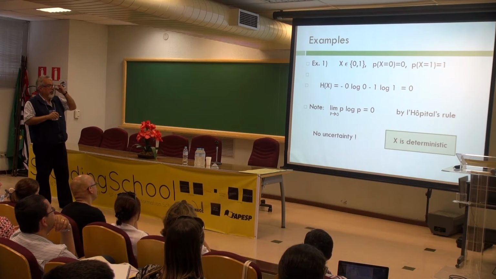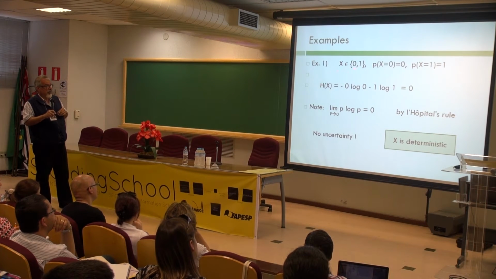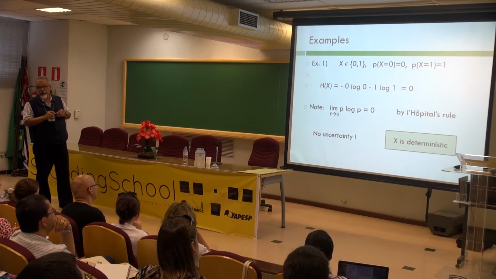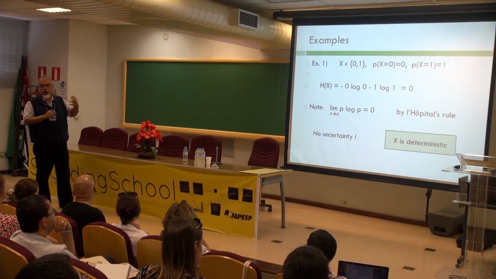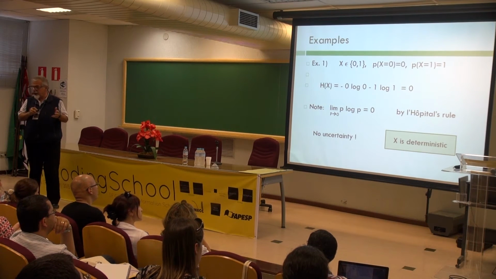Some examples. Let's take a random variable that is binary, okay? And it's actually not binary, it's unary, because it's 0 with probability 0 and 1 with probability 1. So imagine a two-headed coin, for example. It's always heads, okay? So what's the uncertainty about that? Well, we would expect to have no uncertainty, right?